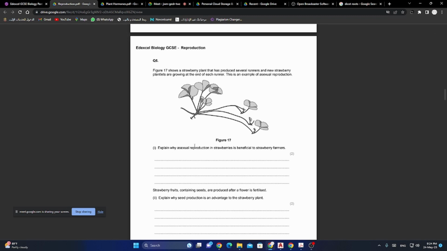Okay, explain why asexual reproduction in strawberries is beneficial to strawberry farmers. Right, it's faster. Yeah, that's basically it. Asexual reproduction is going to be faster than sexual reproduction, right?